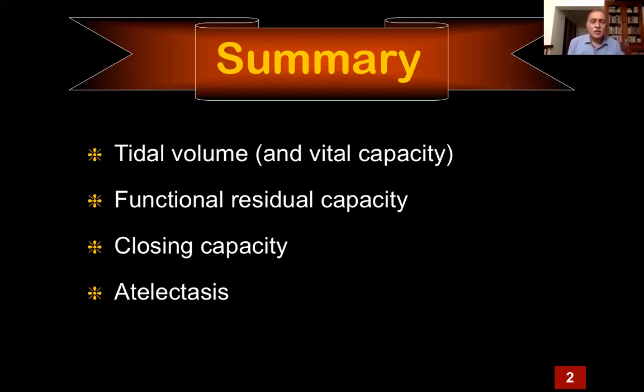What we talked about in the first 45 to 50 minutes is the importance of volumes and capacities. We emphasized the importance of tidal volume and vital capacity in as much as it is required not only to set the tidal volume on anesthetic ventilators and ICU ventilators, but also to know the normal values for tidal volume and vital capacity when we talk about initiation of ventilatory support and weaning off ventilatory support.